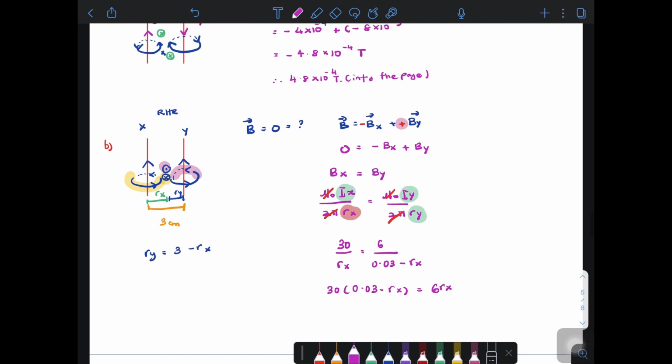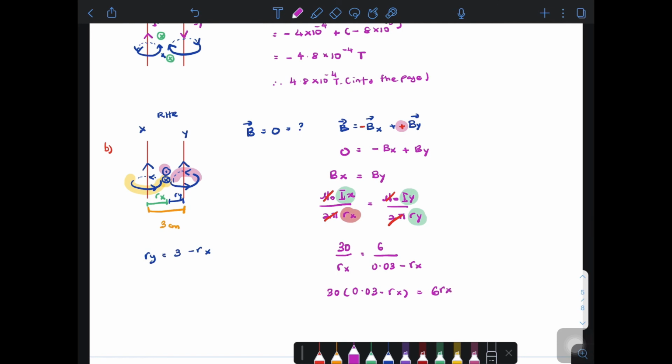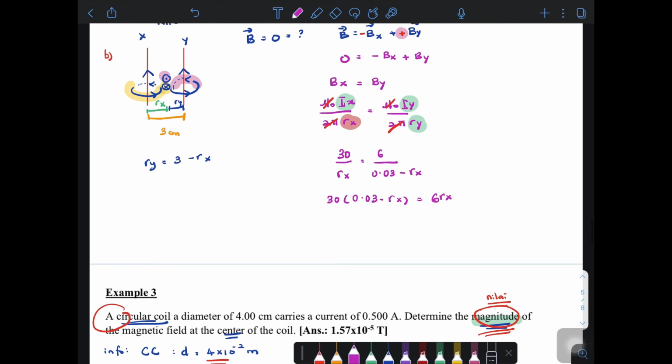So bila kita susun balik, kita akan dapat 30 darab 0.03 tolak Rx sama dengan 6 Rx. Okay, so 30 darab 0.03, kita akan dapat 0.9 minus 30 Rx equals to 6 Rx. So kita susun balik, kita akan dapat 36 Rx equals to 0.9.